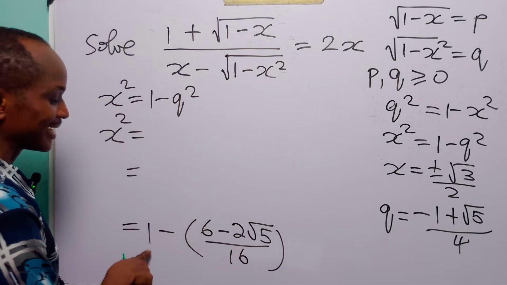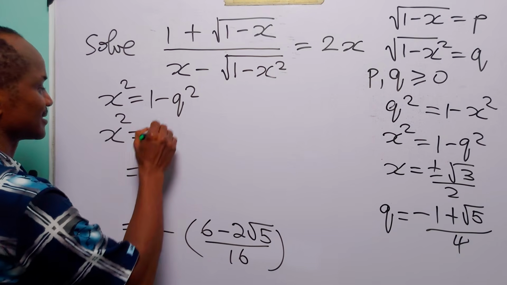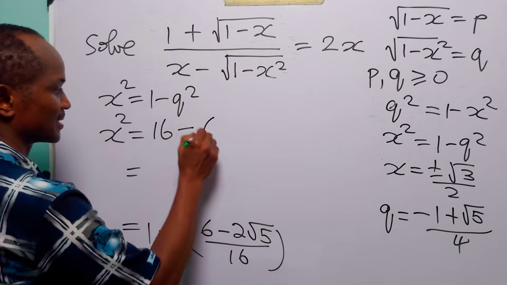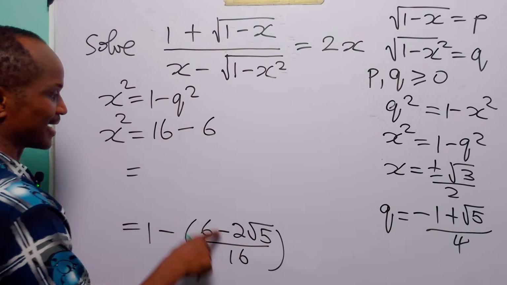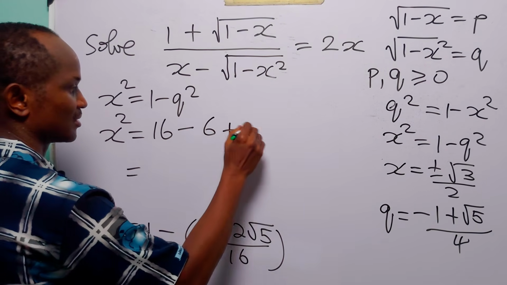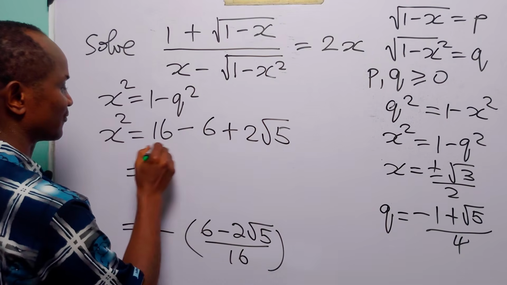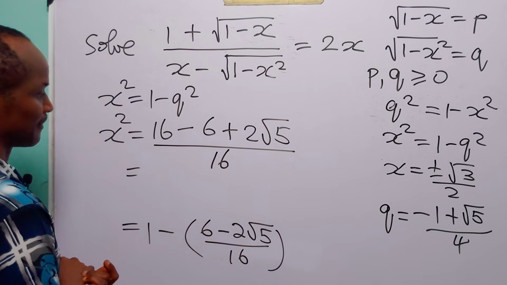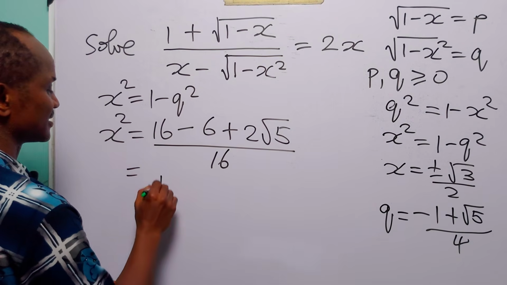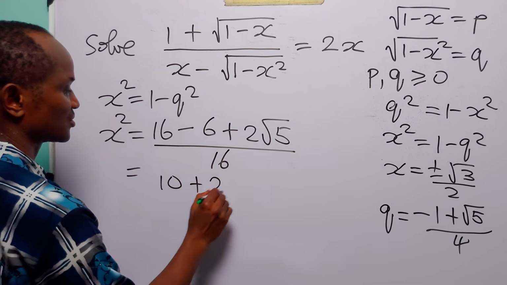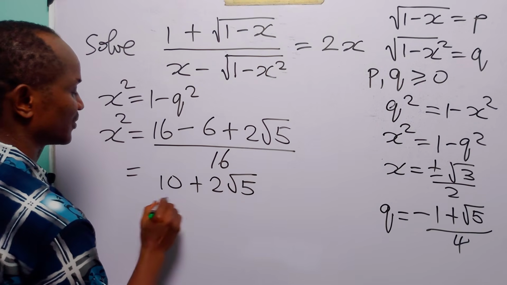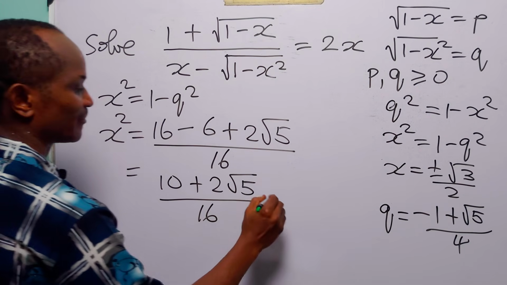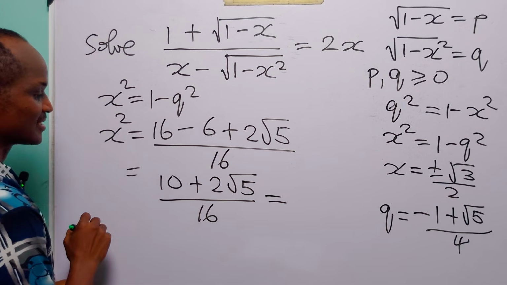Now 16 times 1 is 16 minus 6 minus 2 root 5 divided by 16. 16 minus 6 is 10 plus 2 root 5 divided by 16. We can factorize this.